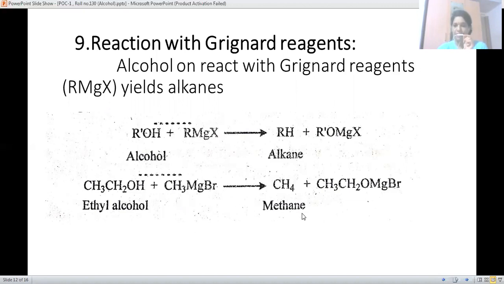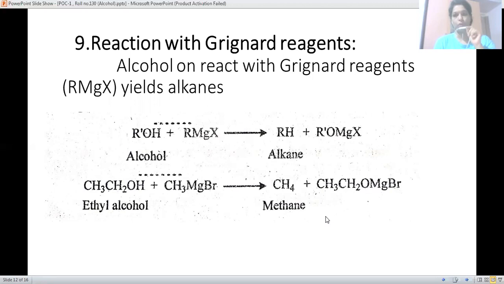We will see methane and the rest of the component here. Only the H is released, synthesizing methane, and the rest of the compound is attached with the addition of the negatively charged oxygen here. And methane is synthesized. This is a very important reaction.